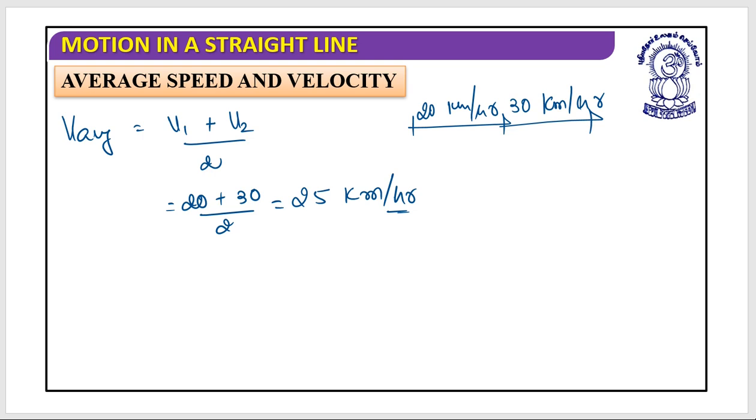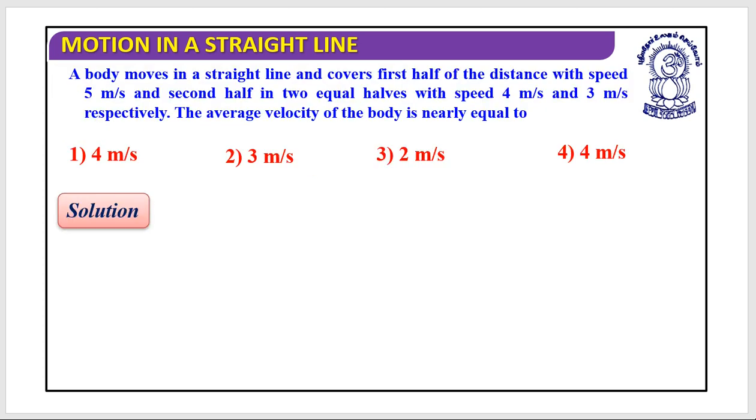Are you clear with this? So now I hope you must be able to solve this. Okay, let's go through this. A very, very interesting question. Read it very carefully, you would have fun with this.